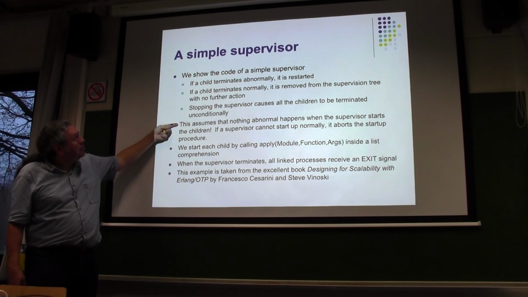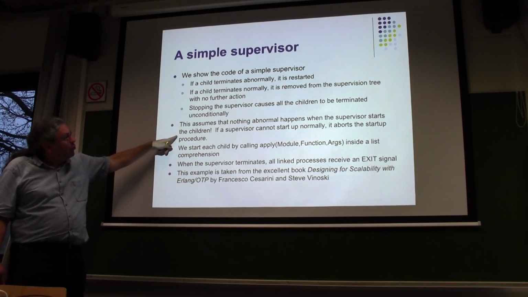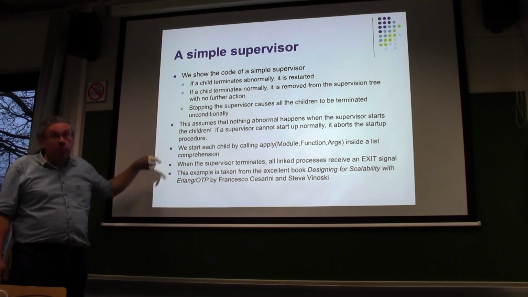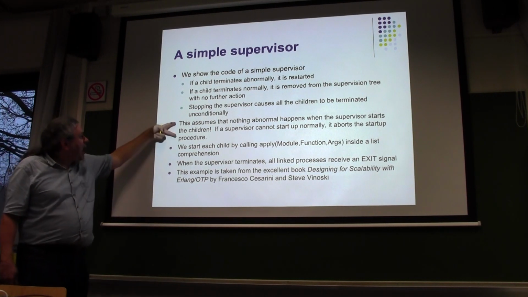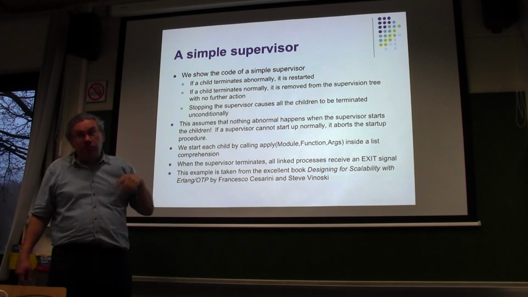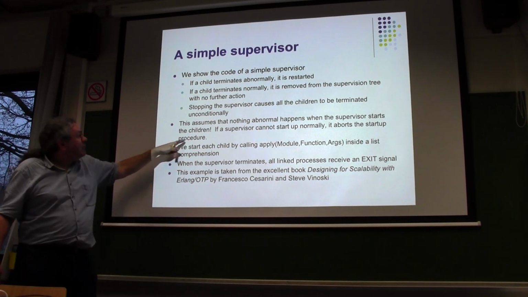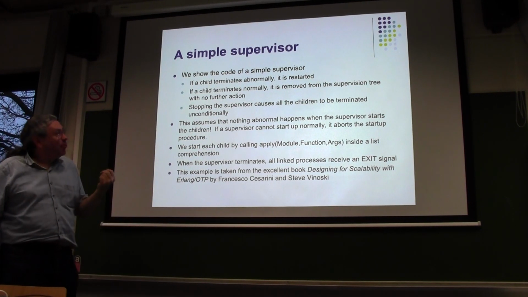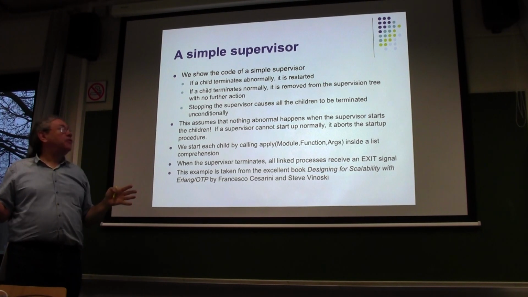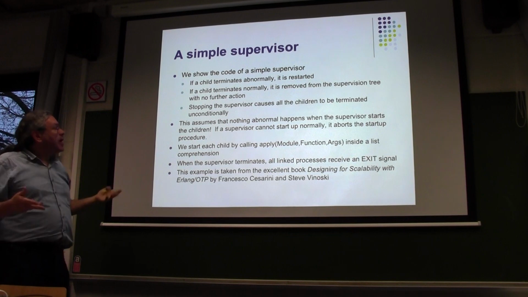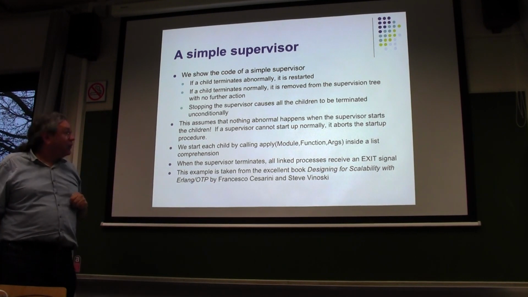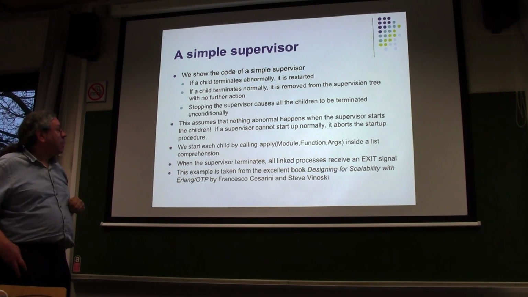This supervisor assumes that nothing abnormal happens when the supervisor is starting up the children, and so the real supervisor has to do that a little bit more carefully. If the supervisor cannot start up normally, the whole startup is aborted. So it only works if the supervisor can actually start the children. Okay?